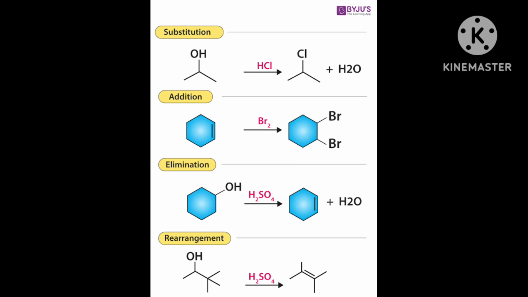In the previous classes, I have discussed that the element carbon has the unique property called catenation, due to which it forms covalent bonds with other carbon atoms.